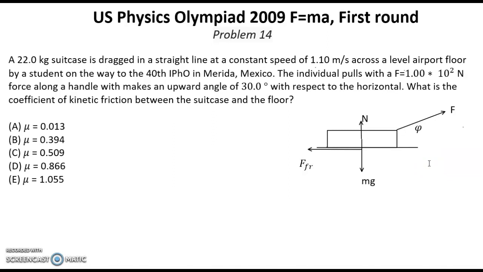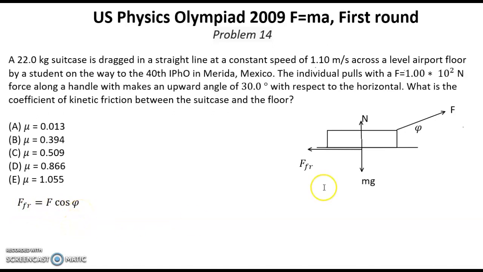Let's do this. So first we have horizontal force F acting at angle phi equal to 30 degrees, and we have force of friction acting on the opposite side. So this is the equation. We have force of friction equal to pulling force F multiplied by cosine phi.